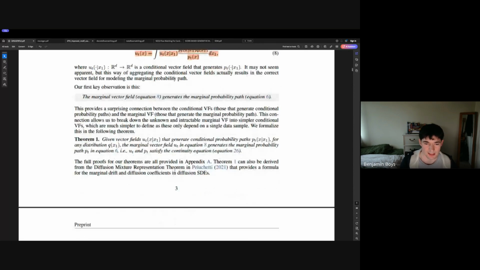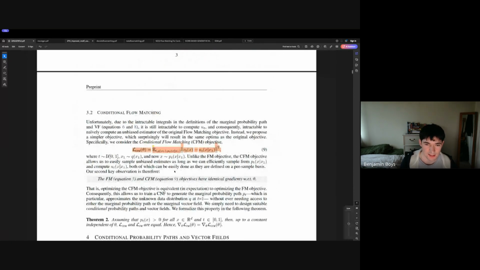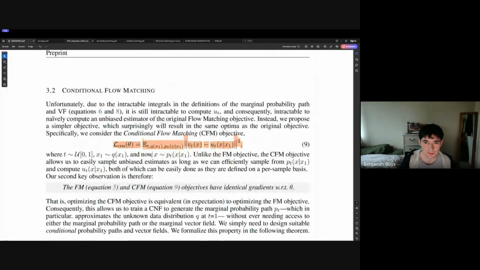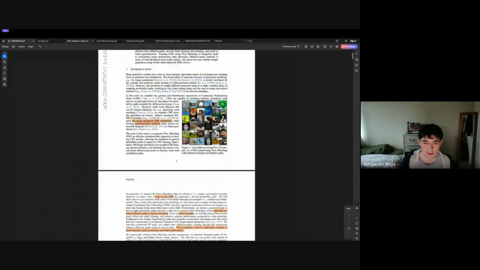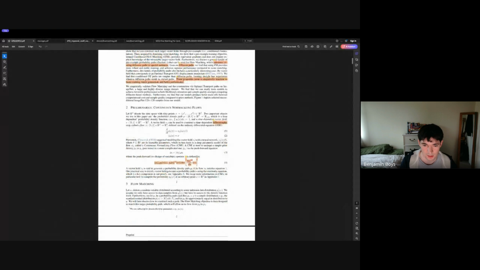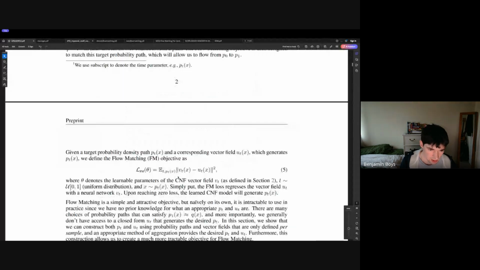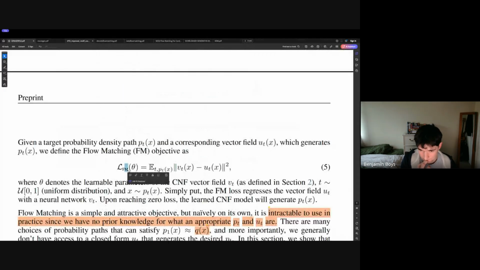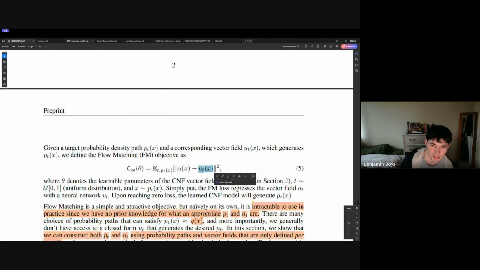And then what that implies is that this objective that we were going to use to learn this vector field, which is flow matching, which is inspired by score matching, but just bunging everything together of the reverse ODE into one term, which is U. So this is flow matching, but we don't know this term actually.